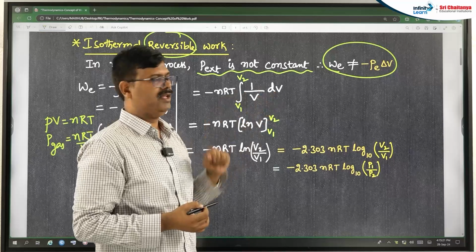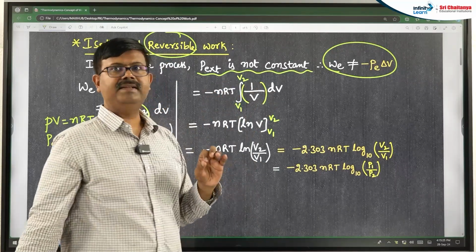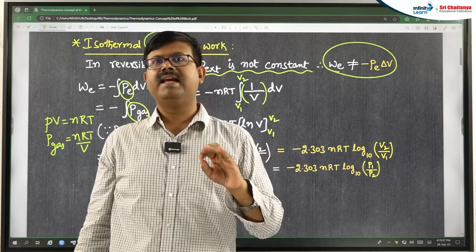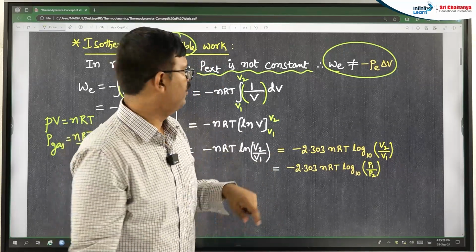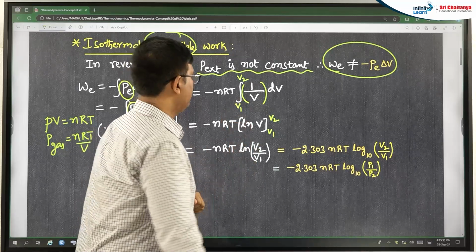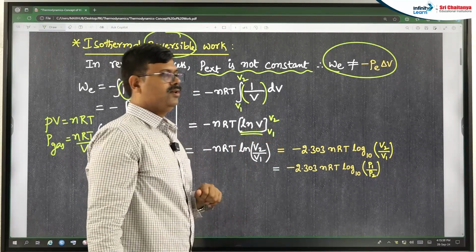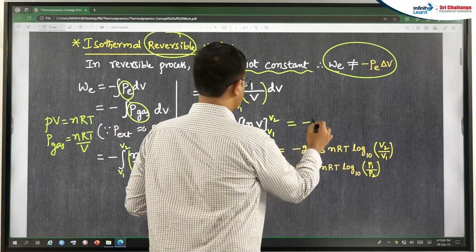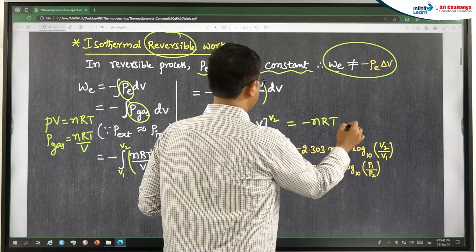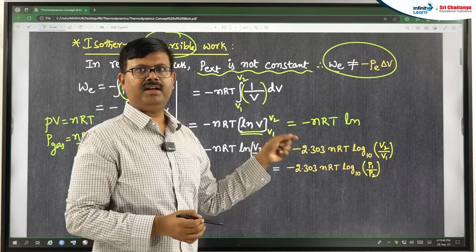Minus nRT integral, and inside the integral what will remain? 1 by V dV. And the integration of 1 by x dx is ln x. So, the integral of 1 by V dV is also ln V. So, ln V with limits V1 to V2. This can be written as minus nRT and substitute the higher limit minus the lower limit.